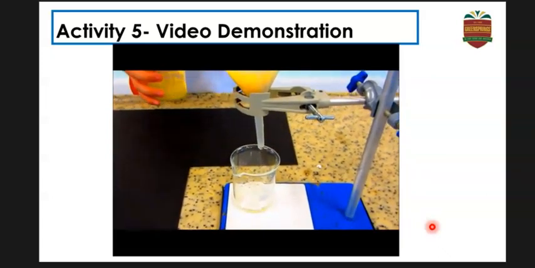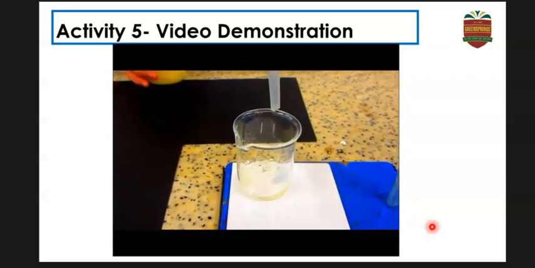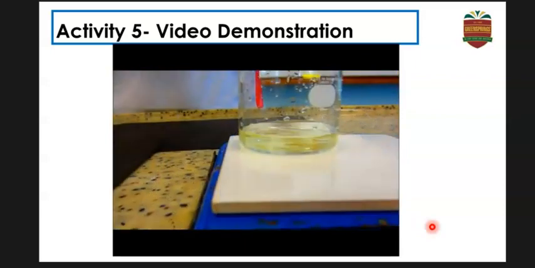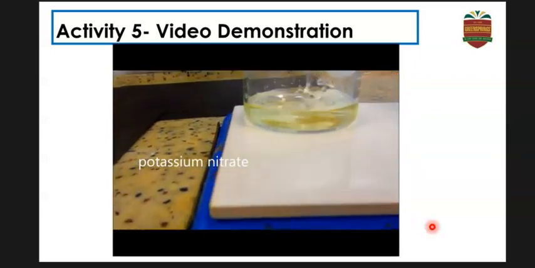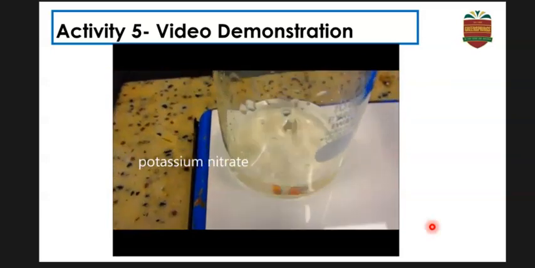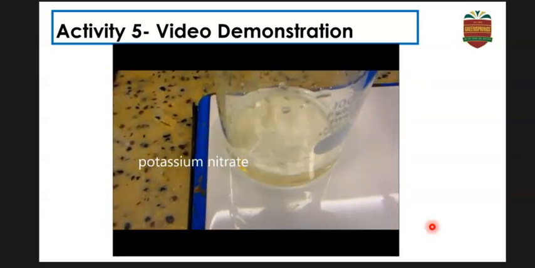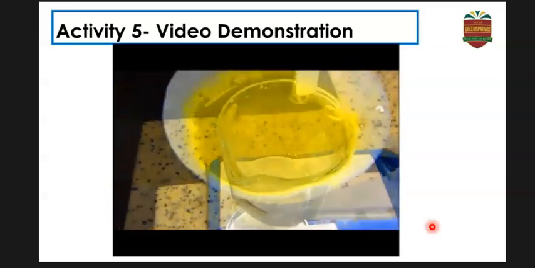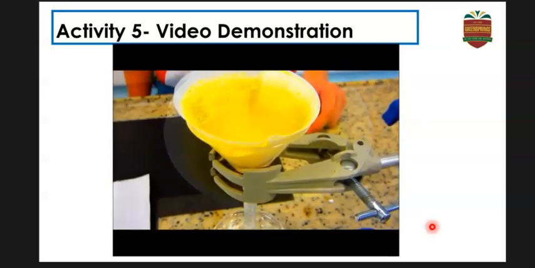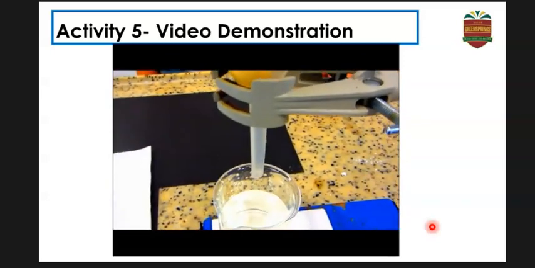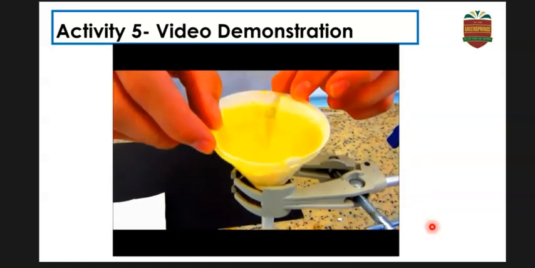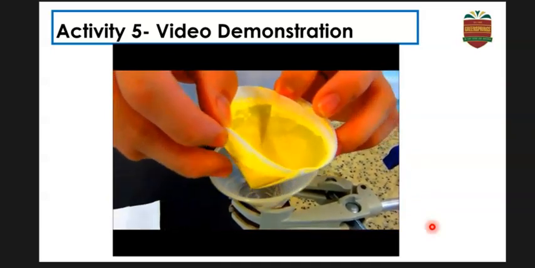Okay, you can see the filtration procedure. Note your observation. What did you observe? The filtration observation could include the color of the filtrate and the color of the residue. These are the things you note when you are making observation.